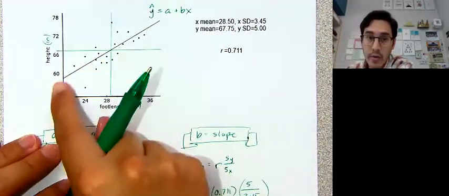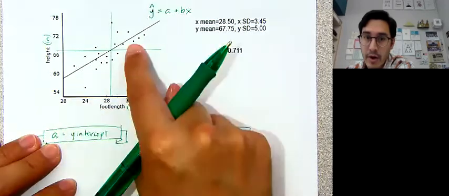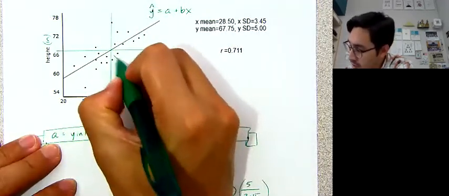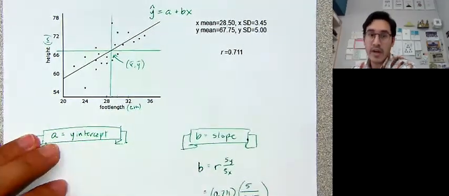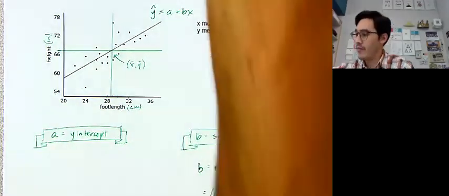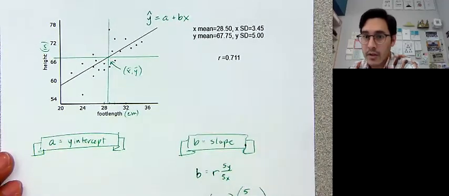So our linear model passes through the point x bar, y bar.